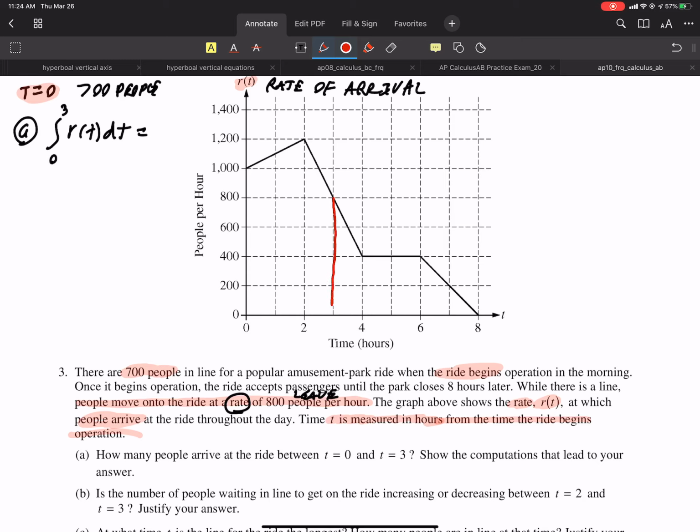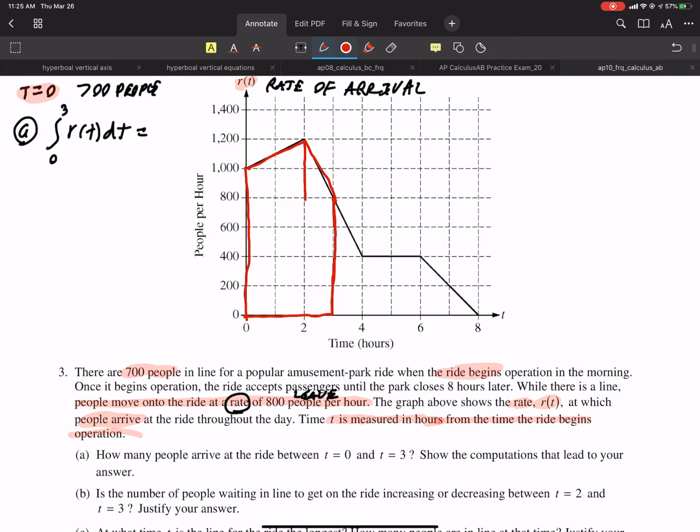Here's 3. So we need the area of this region here. How can we break this up? We could do 2 trapezoids, but I think what I'm going to do, let's see, I'm going to get crazy here.